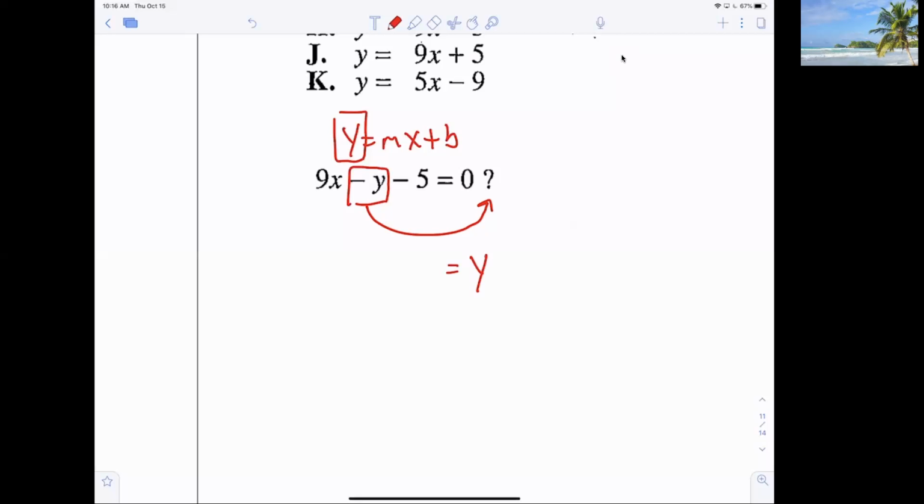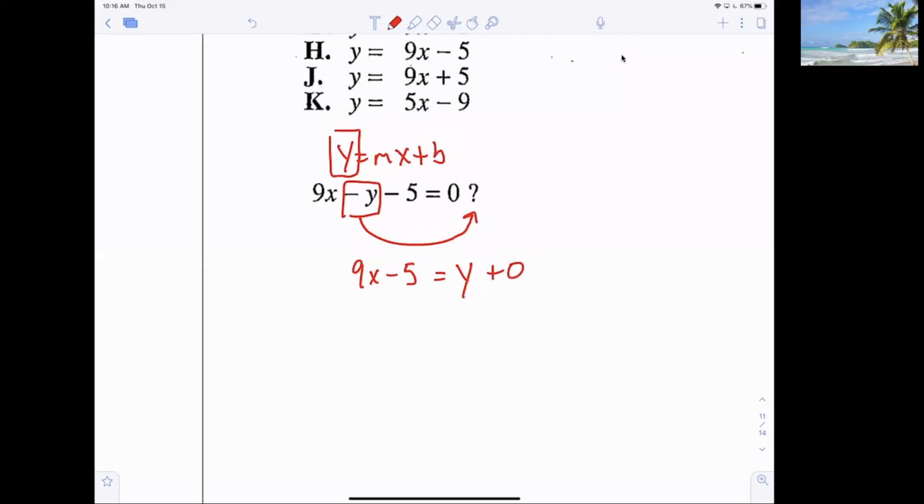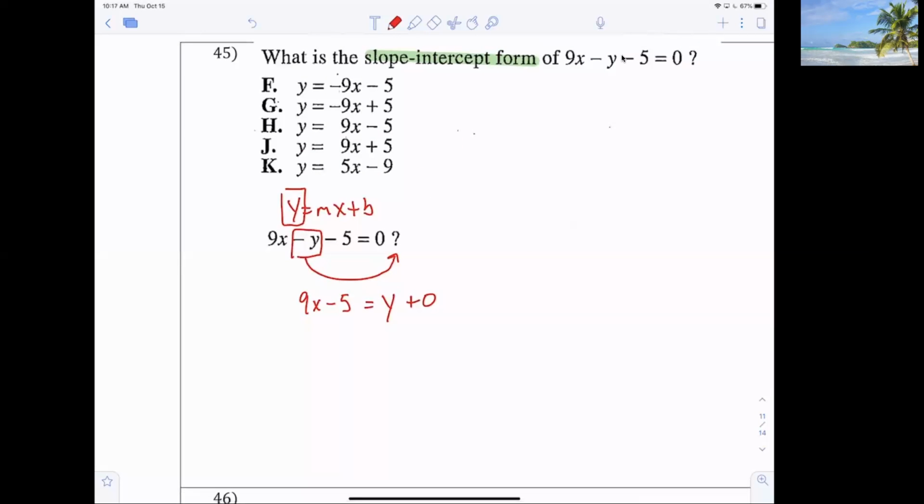No, so they stayed 9x minus 5. And you just canceled off the 0, because 0 plus y is y. If I wanted to, I could put y plus 0, but that wouldn't make sense. So that's why my answer is y equals 9x minus 5.